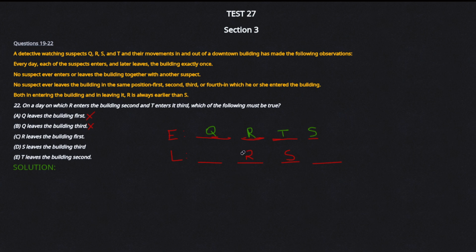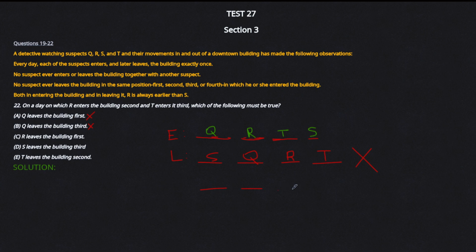My bad. Let's say R is at number 3, T is at number 4, S is at number 1, and Q is at number 2. But here, S is leaving the building earlier than R. So this violates the last condition. This is a wrong scenario.